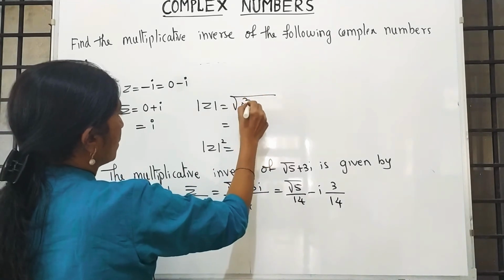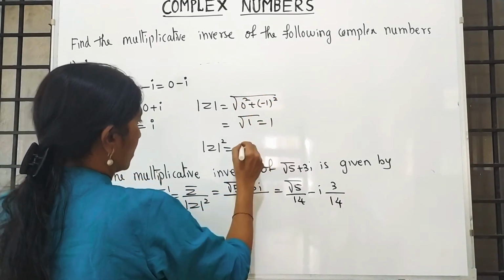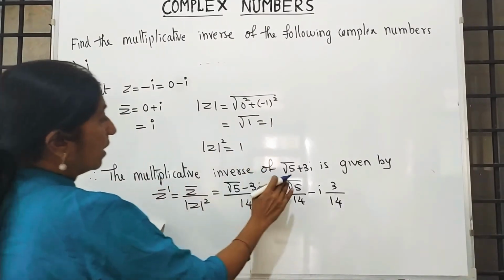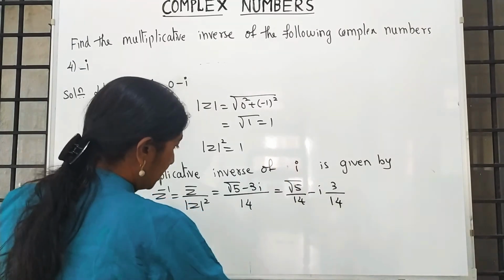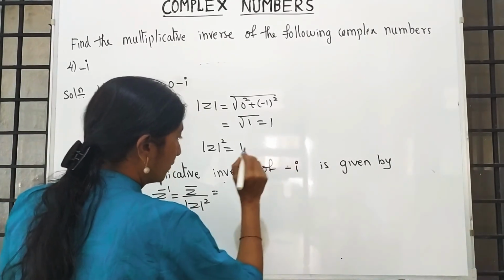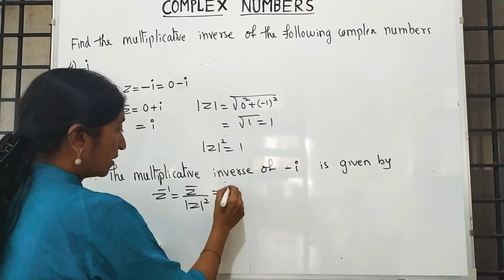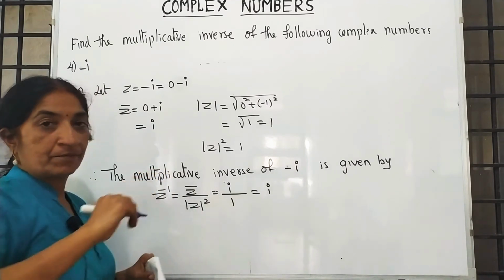Root of 0 square plus minus 1 square is 1. Square is also 1. Sorry, the multiplicative inverse of minus i is 1 upon minus i, that is nothing but i.